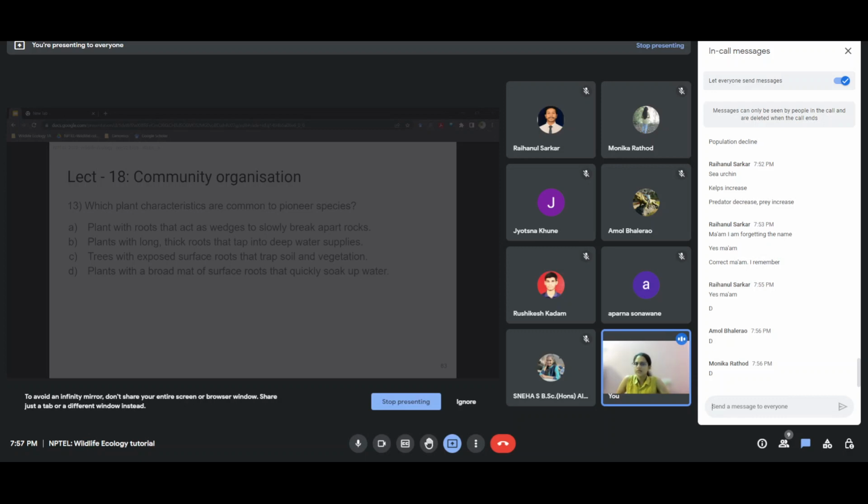Or are they plants with a broad, matte surface of roots that quickly soak up water? Among these four possible options, what best defines a pioneer species?